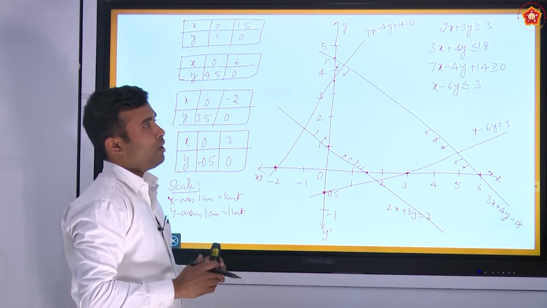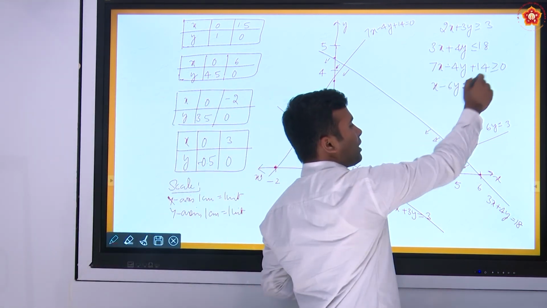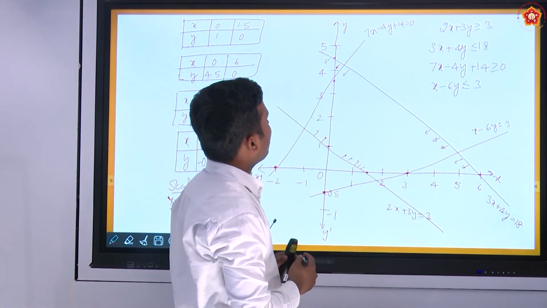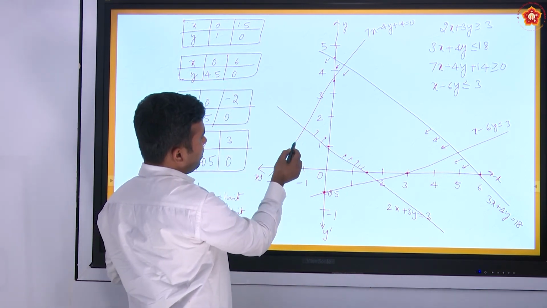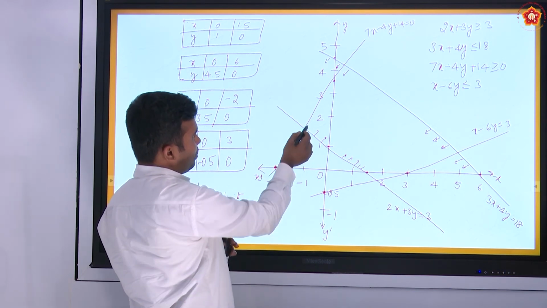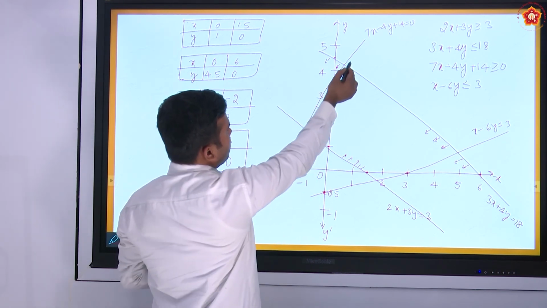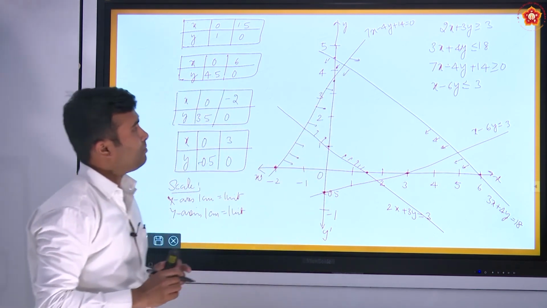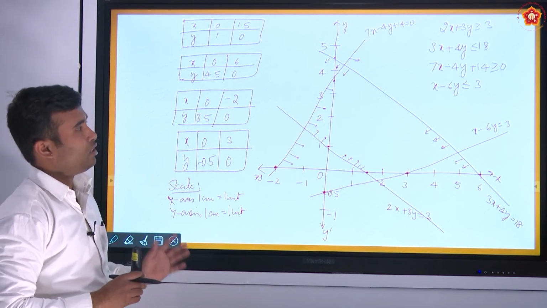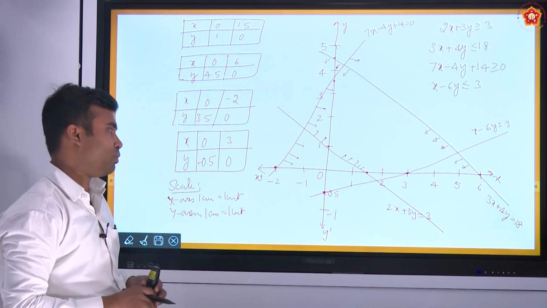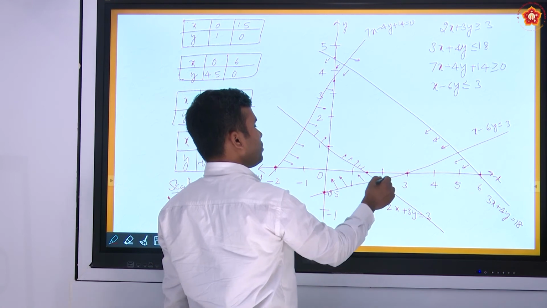If you put 0 for x and 0 for y, this will be true, right? 14 is greater than or equal to 0, which is true. And if it is true, then for this inequality, the solution will be towards the origin. Okay. Next, the last one is x minus 6y, which is less than or equal to 3. If you put 0, it is also true, then for this line also the region is towards the origin.